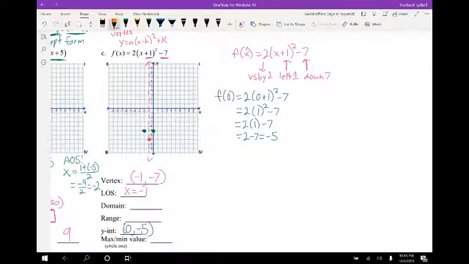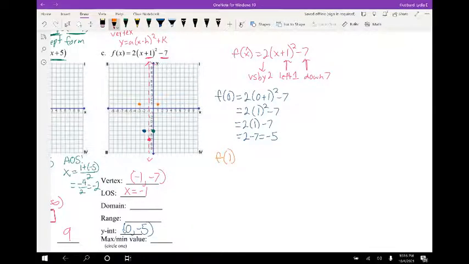2, 4 is where I would start in my parent function. I'd vertically stretch it to 2, 8. And then I would have to move it left 1 to 1, 8 and down 7 to 1, 1. Okay, and again, I can reflect that point. If you don't believe me that that's correct, you also could have done f of 1.